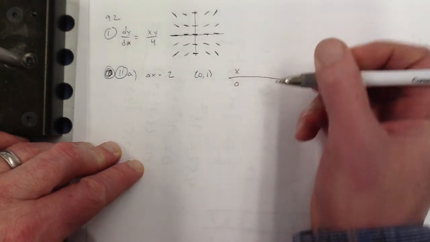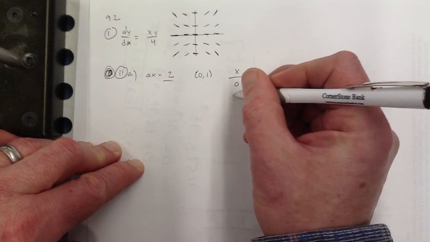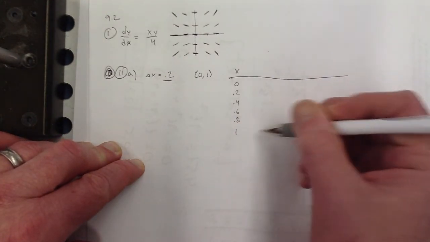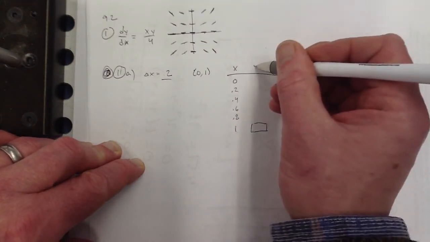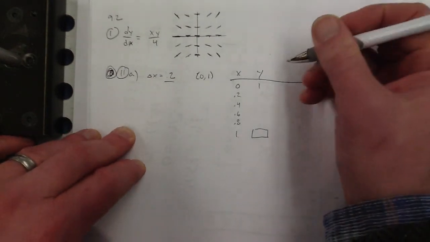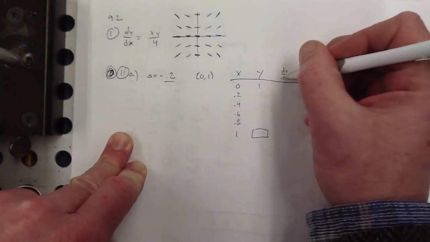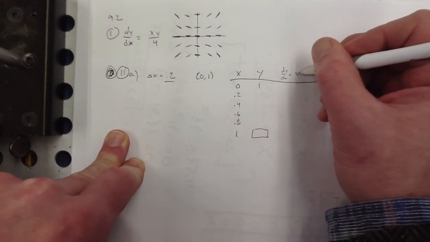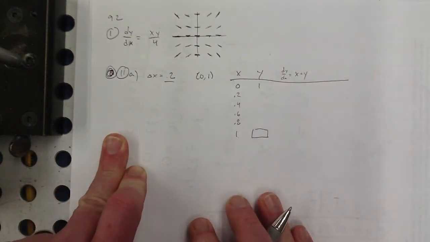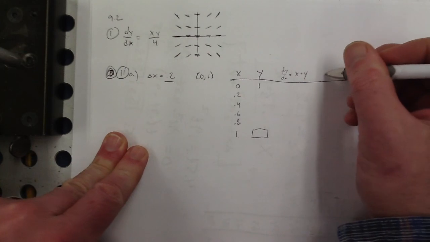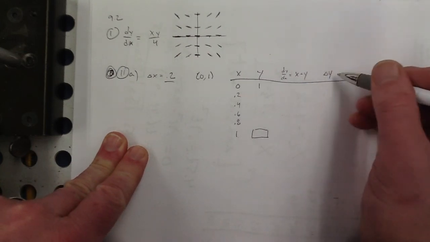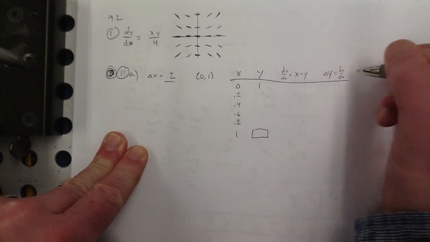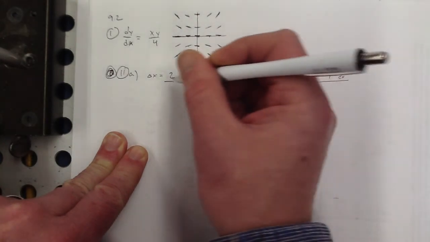So I'm going to make my little Euler's method chart. Here's my x value. I'm starting at 0, and my step size is 0.2. And that's what I'm going for, and then that would be my target. That's my y value. Okay, my slope is x plus y, and my delta y, my step, is equal to dy dx times the step size, delta x, which is 0.2.